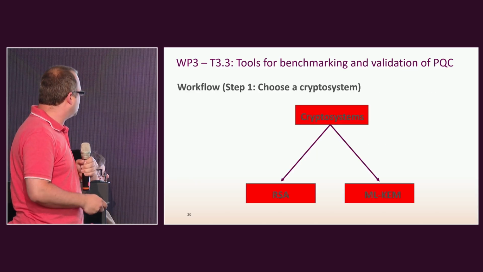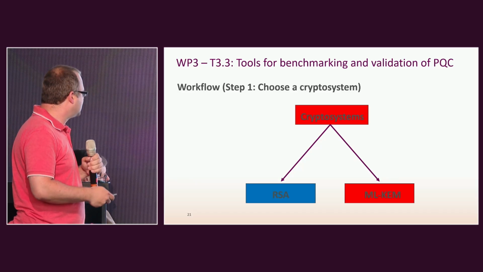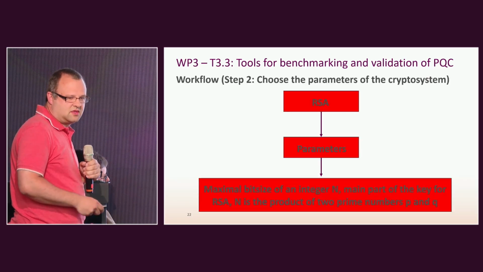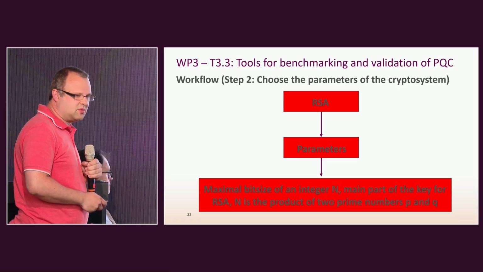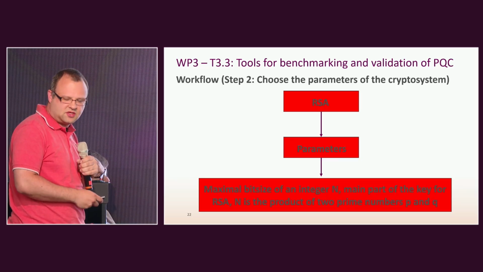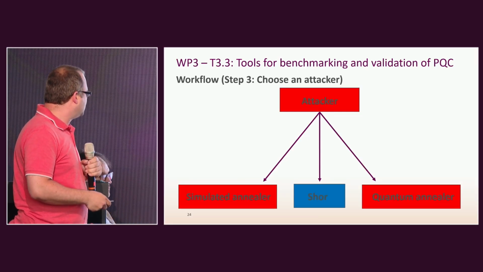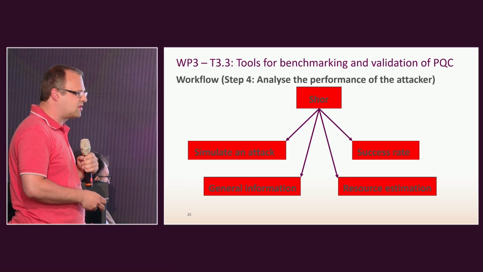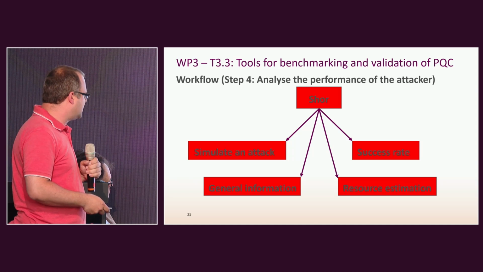And the workflow is as follows. So you choose one crypto system, for example, RSA. You specify some parameters. Here in the RSA case, you have to specify the maximum bit size of the integer you want to decompose. Then you choose an attacker. For example, let's choose Shor. And then for such an attacker, you can do certain analysis. You can compute an average success rate.